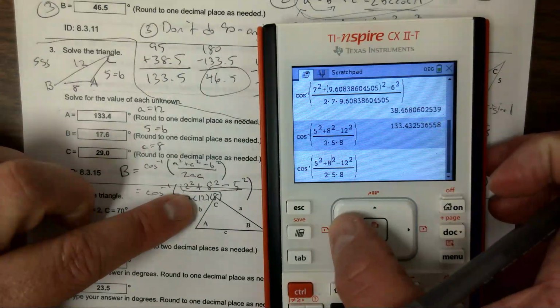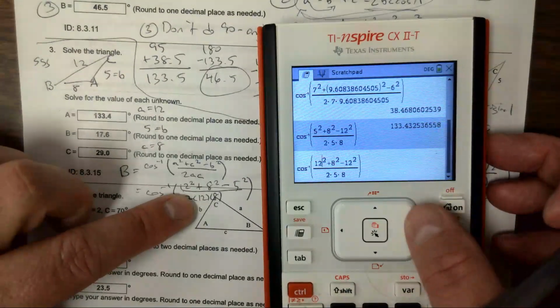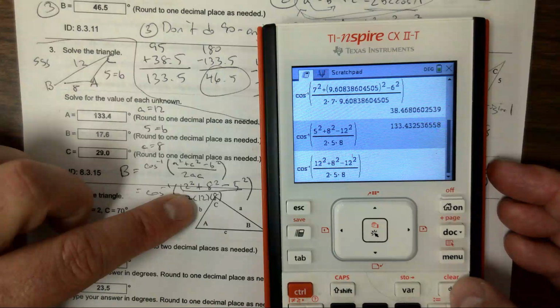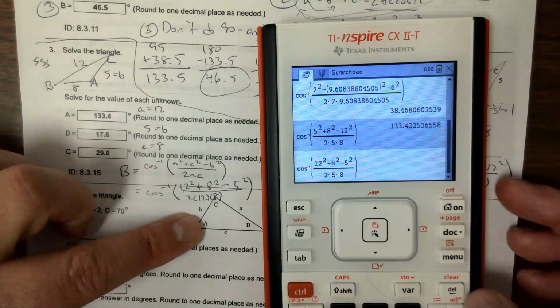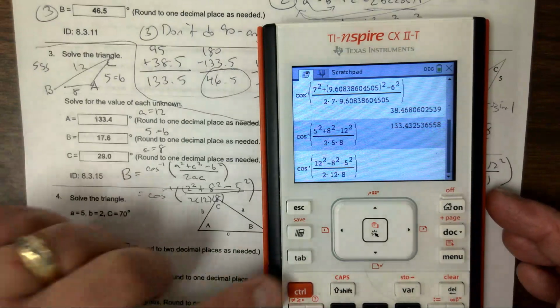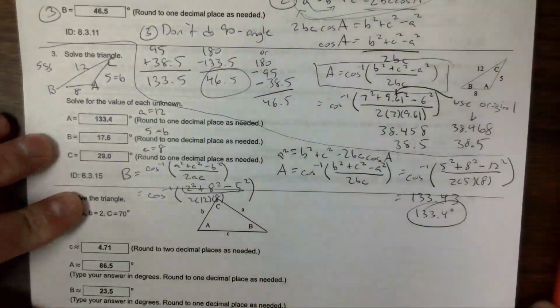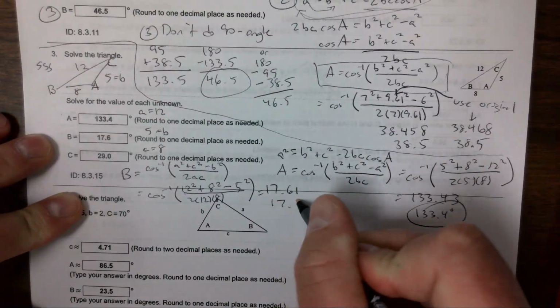So this one's going to change to a 12. This one's going to change to a 5. And this one's going to change to a 12. Okay, so we get 17.61. And so that's 17.6.